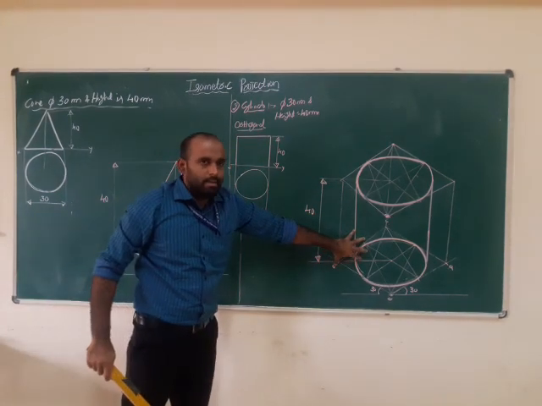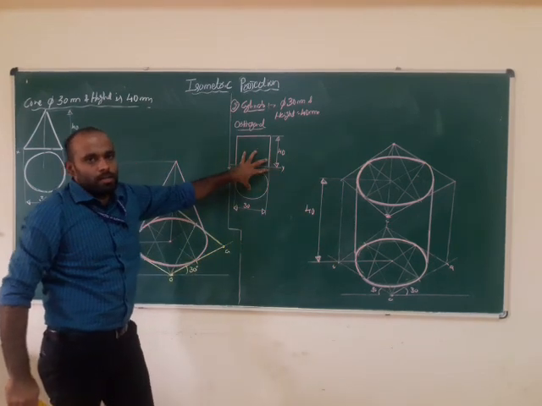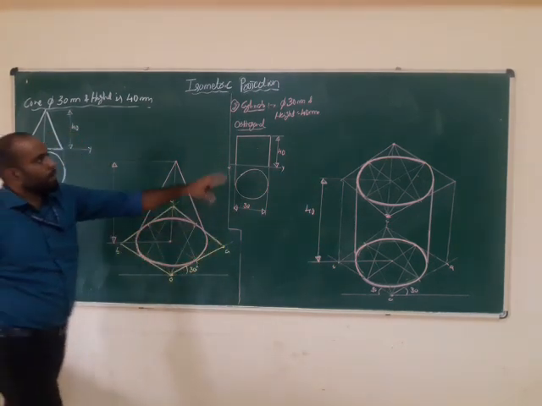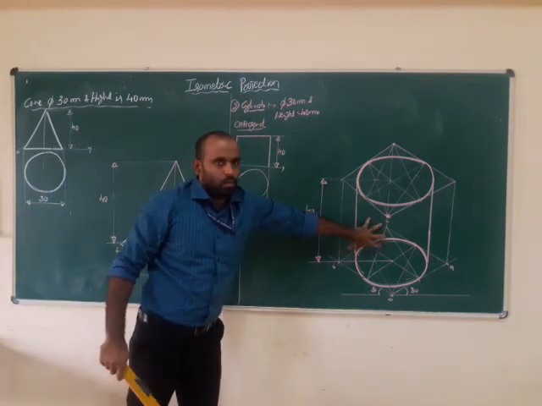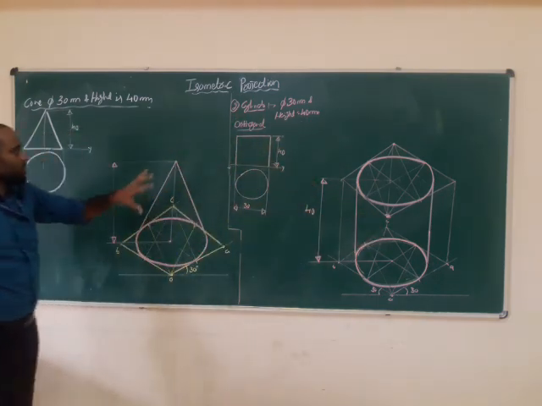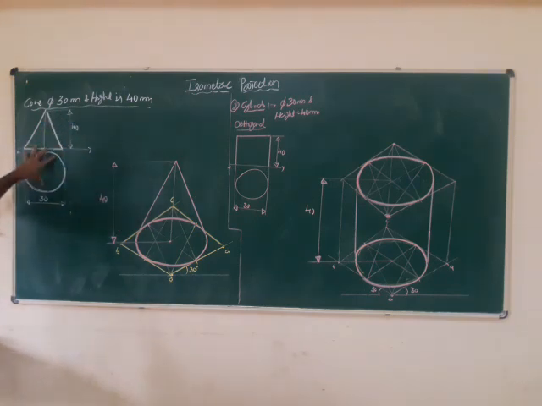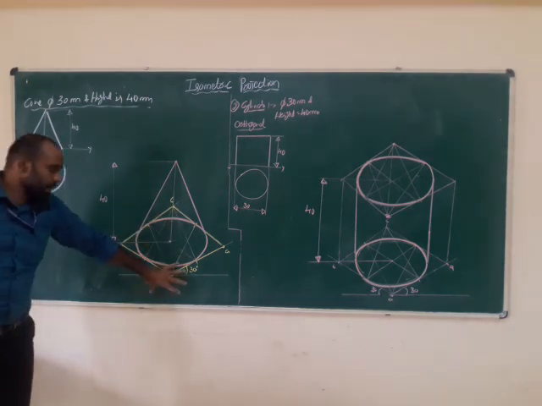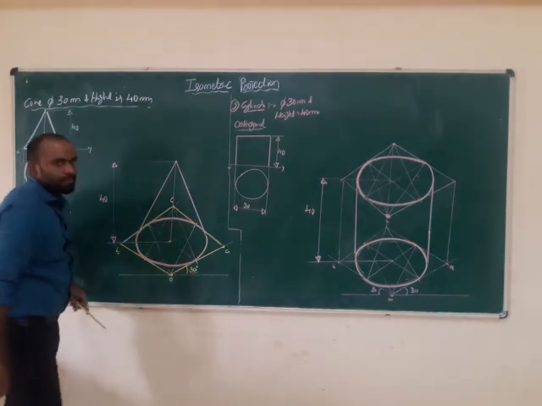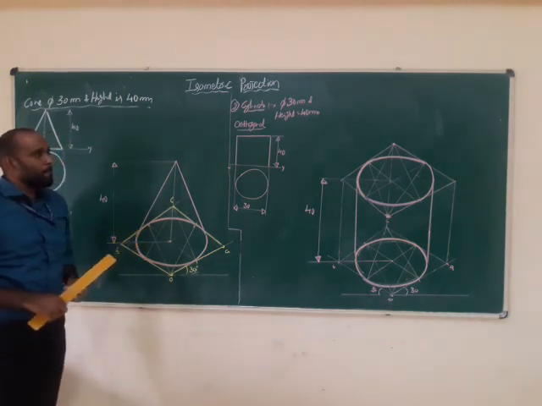Isometric cylinder, orthogonal cylinder. The diameter is 30, height is 40. You have to draw isometric, don't draw orthogonal. So this is a cone, diameter is 30 mm, height is 40, it's orthogonal. Isometric you have to draw. You have to incline 30 degrees always. Thank you.